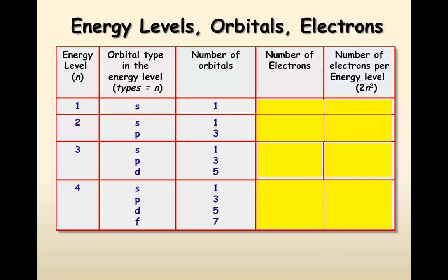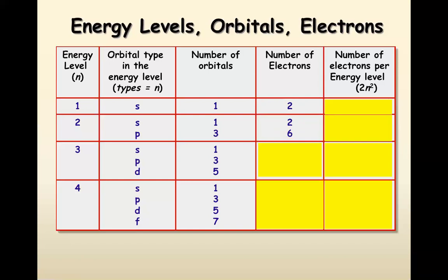How many electrons can fit into these orbitals? First of all, you need to understand that only 2 electrons can fit into each orbital. So if you do some multiplication here, you can figure out how many electrons are going to be in each orbital. In the s orbital, there's only 1 of them, so you only get 2 electrons. In energy level 2, we have 1 s orbital, which would house 2, and the 3 p orbitals, 3 times 2, would give you a total of 6 electrons that can fit into all 3 p orbitals.